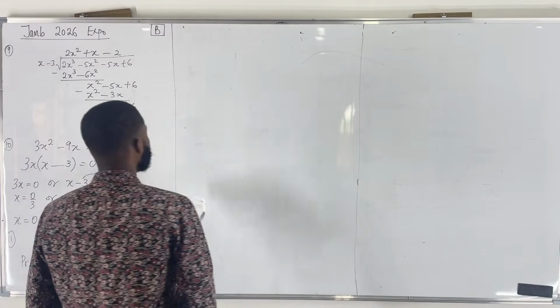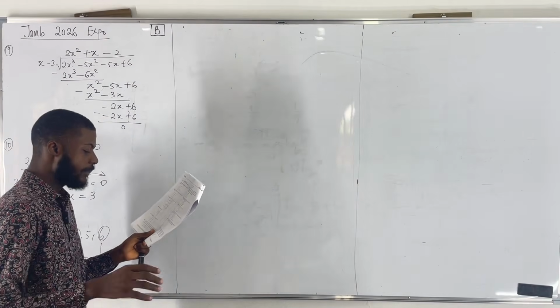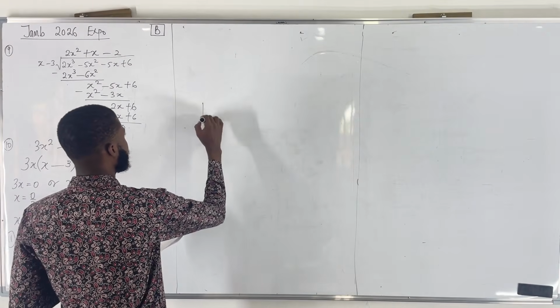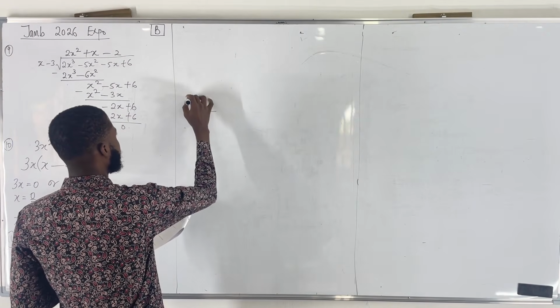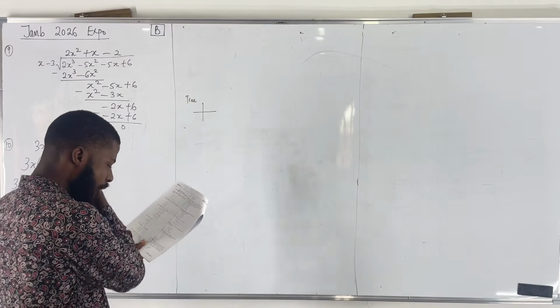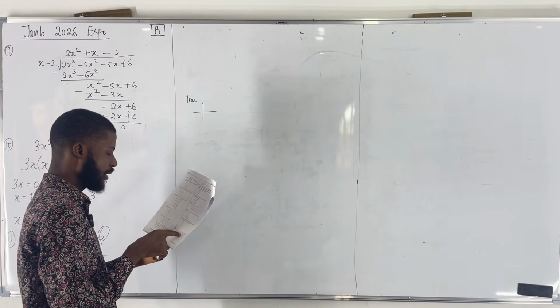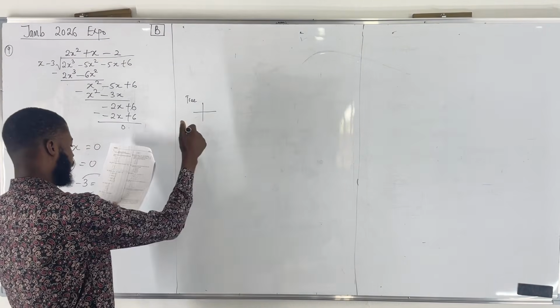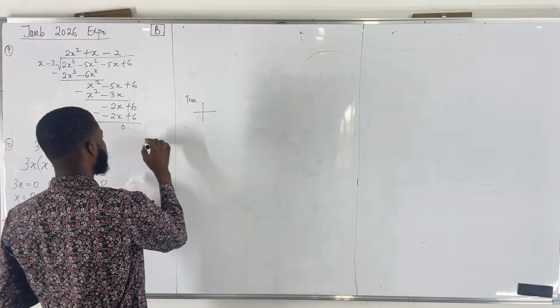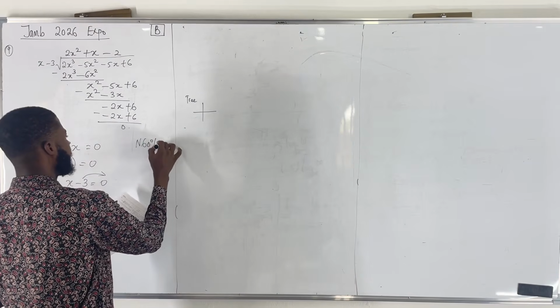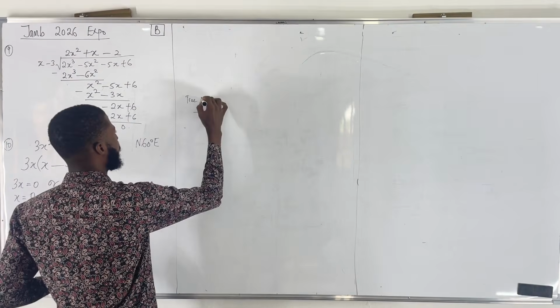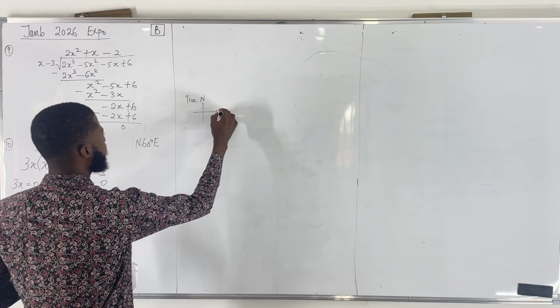So let's kind of draw this. A bird flies from a tree, so let's say this is our tree. It flies on a bearing of north 60 degrees east. Remember, your north is always this one, and this is the east.